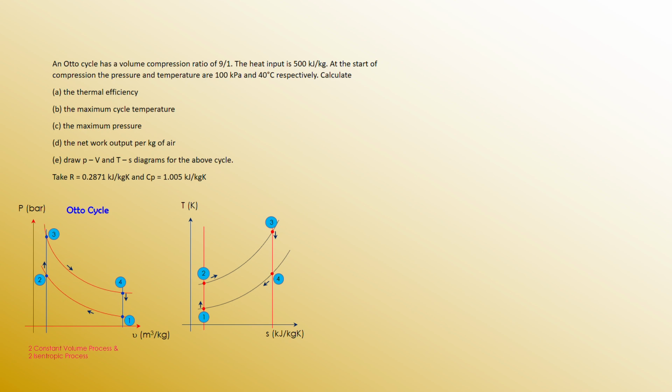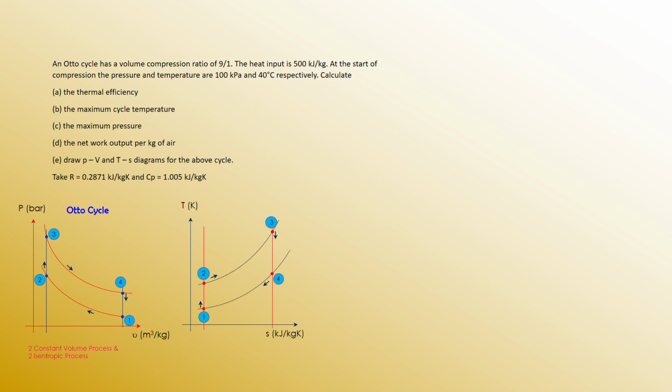Now 2 to 3 is your heat supply, where you have the increase in entropy, and 4 to 1, as you can see the arrow flows from 4 to 1, shows a decrease in entropy, so that is the heat rejected.